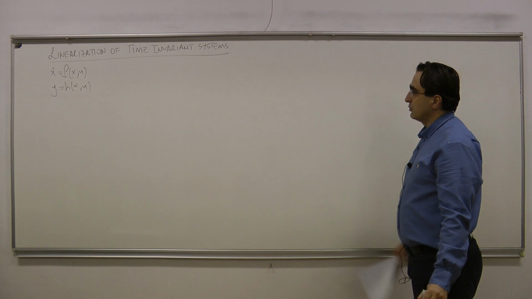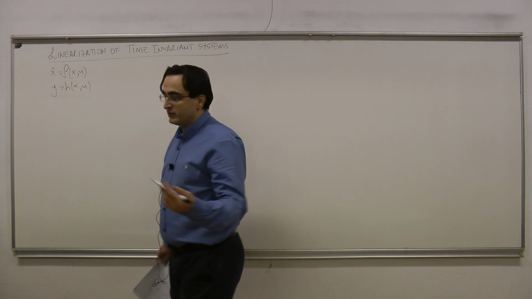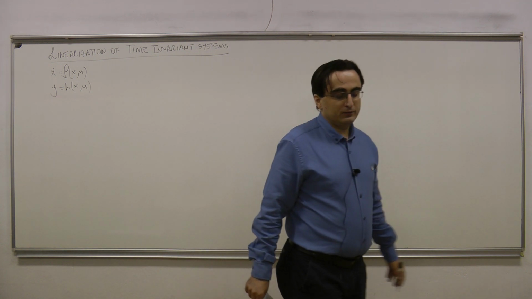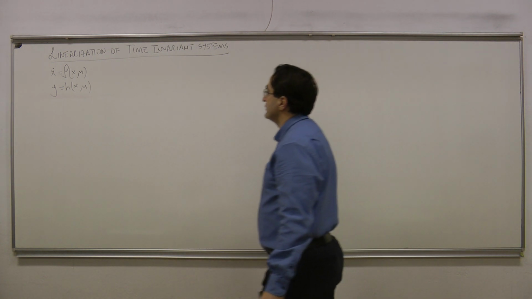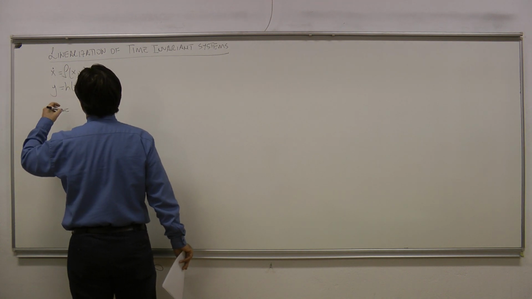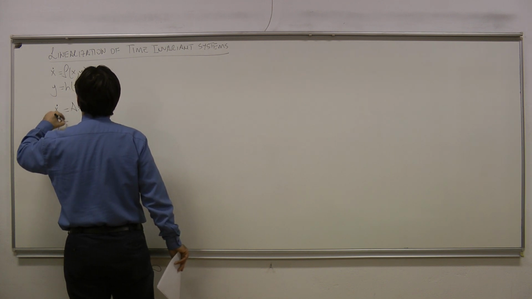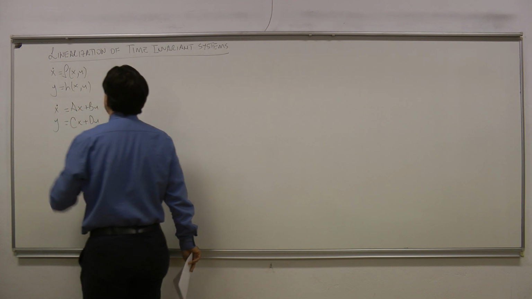And we would like to convert this system into a linear system form. What is the linear system form for a time-invariant system? So we want the new system in the form x dot equals Ax plus Bu and y is equal to Cx plus Du.